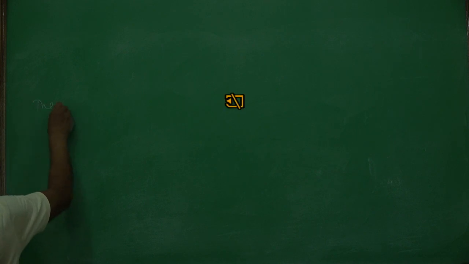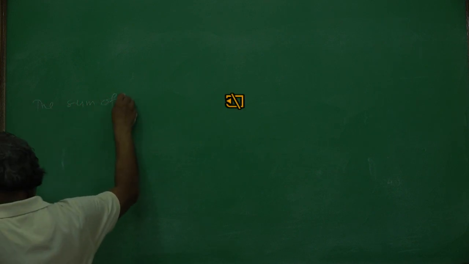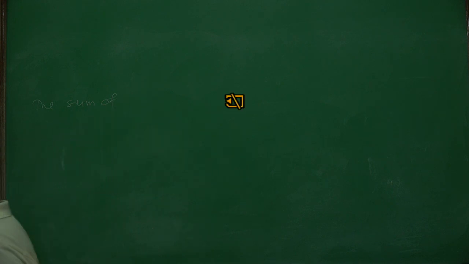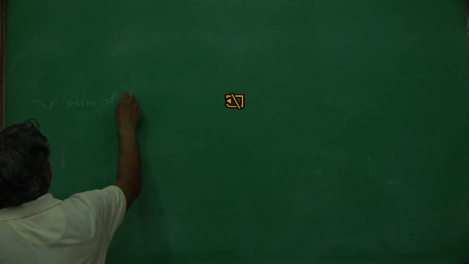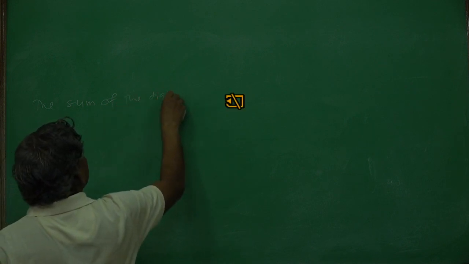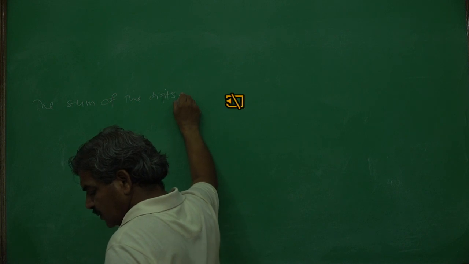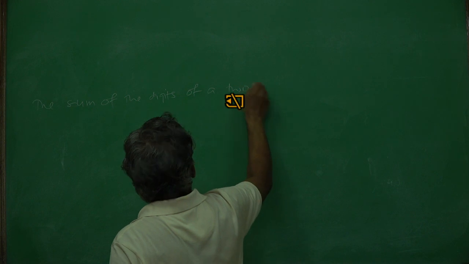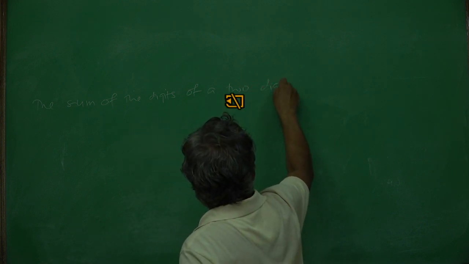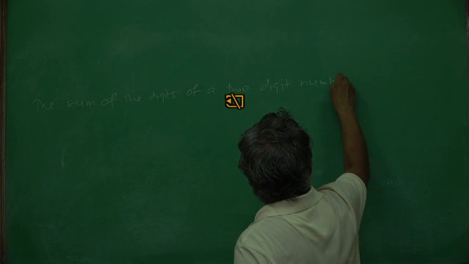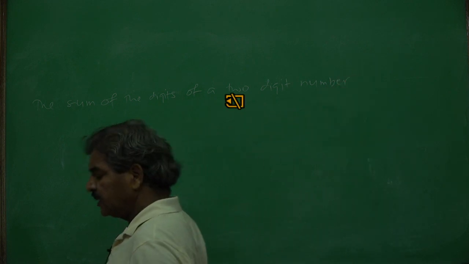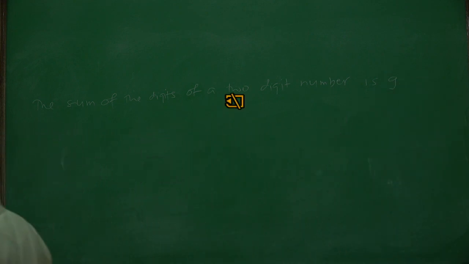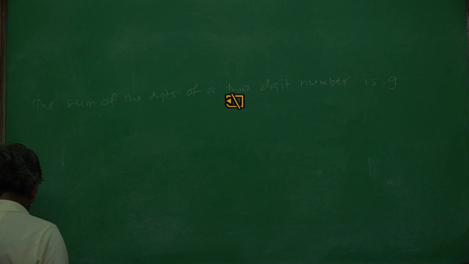Look, this is a very simple example. The sum of the digits of a two-digit number is 9.